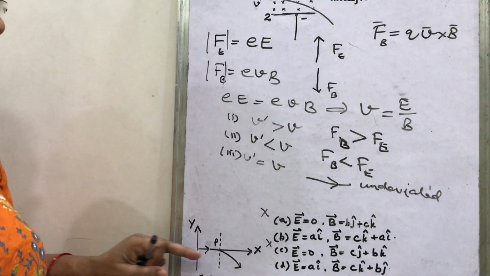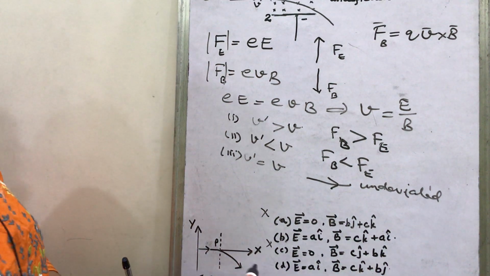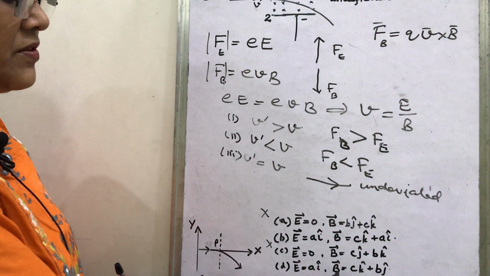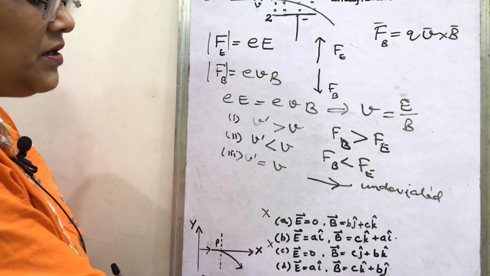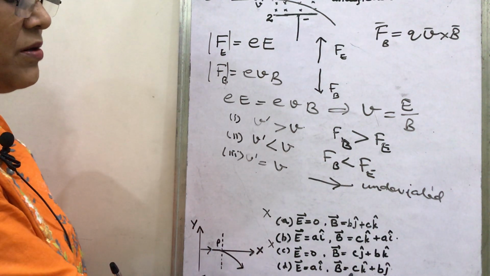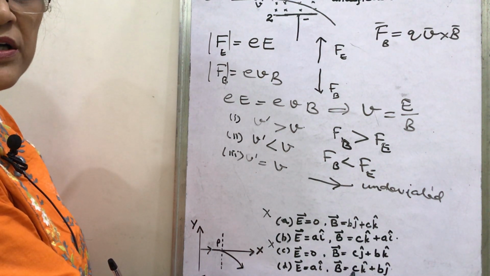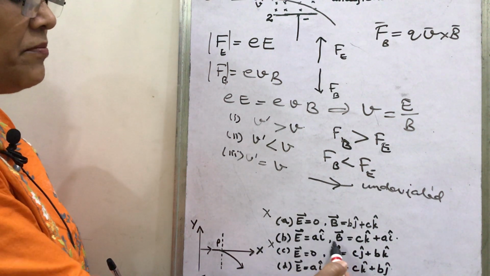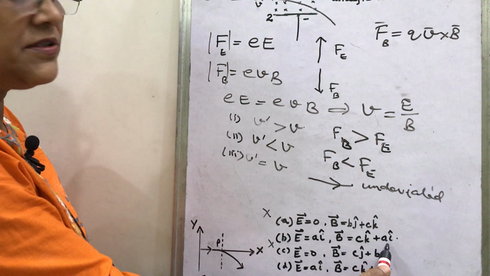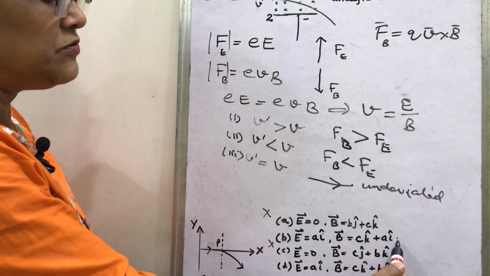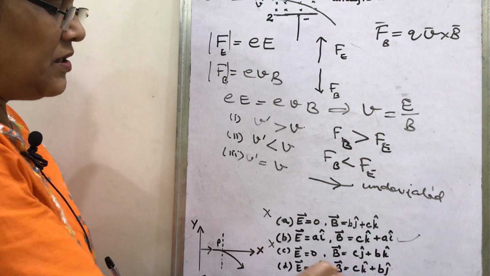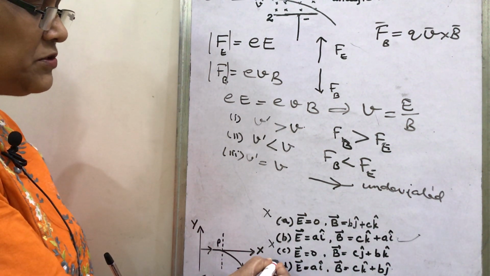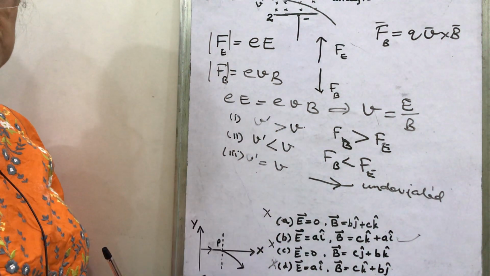Since the magnetic field will also be along the x-axis, look here in D, there is no magnetic field along the x-axis, no component. You know i, j, k are unit vectors along the x, y and z axes. And look at B, the magnetic field is also along the x-axis due to i. So this will be the correct one, and D is wrong. So in this way you have to select the answers.